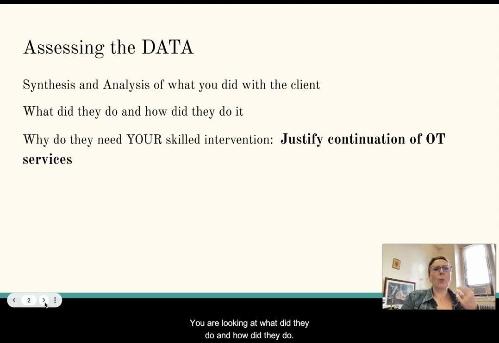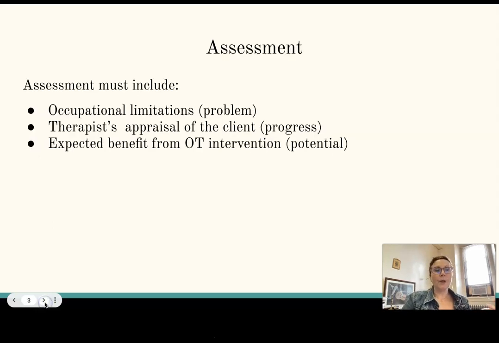So you're really looking at what did they do and how did they do it. You've gathered all of that information, and within that assessment, you're really trying to decide, why do they need your skilled intervention? You need to be able to justify the continuation or the need for your services.